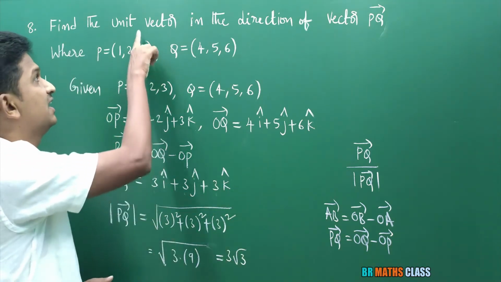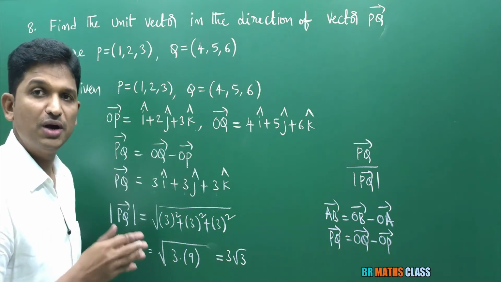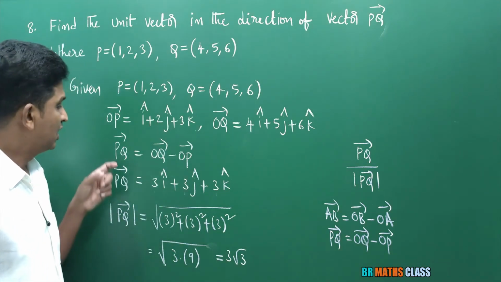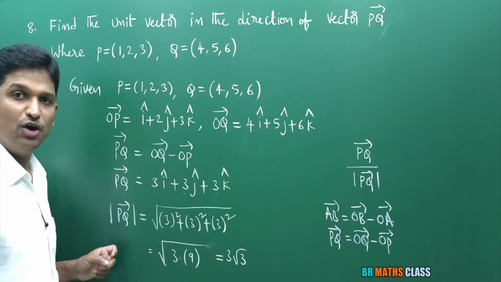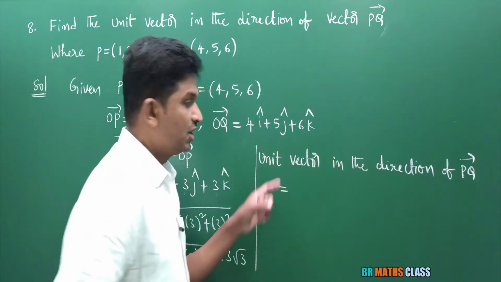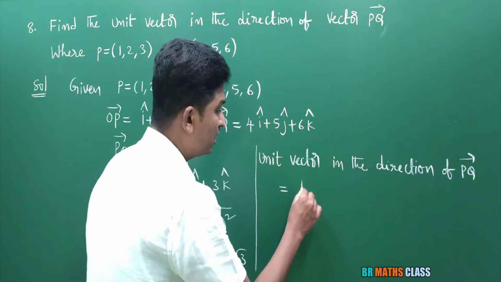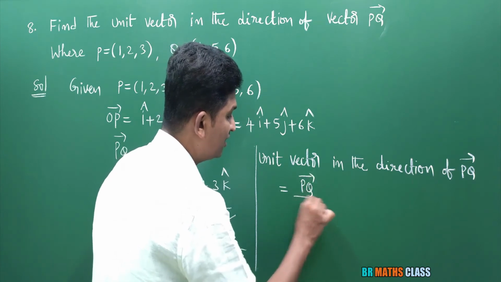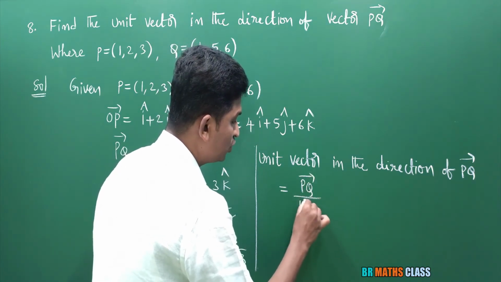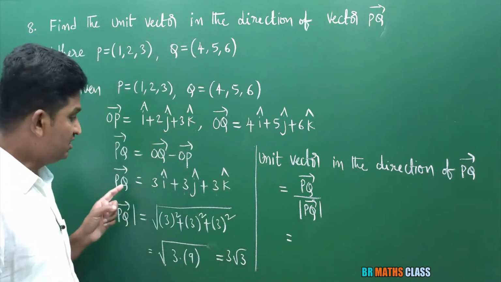I need to calculate the unit vector in the direction of PQ bar. I know that the formula is PQ bar divided by the magnitude of PQ bar. Now I have PQ bar and I have the magnitude of PQ bar also. Now directly I'll write the formula. Unit vector in the direction of PQ bar is PQ bar divided by the magnitude of PQ bar. You observe here, this is PQ bar.